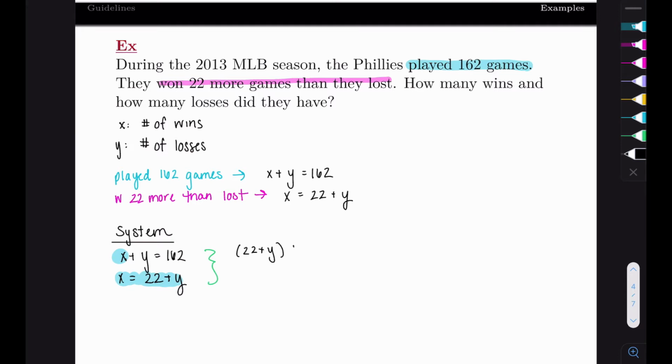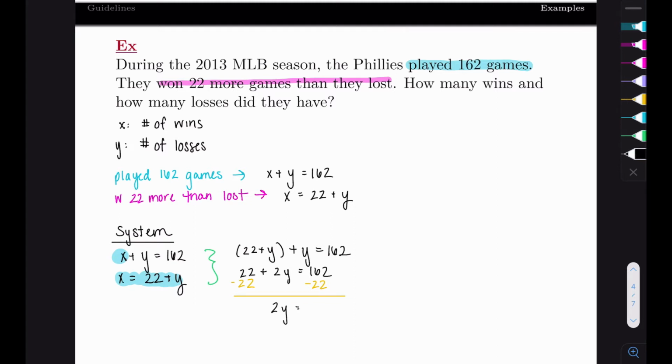Replacing that X by 22 plus Y must equal that total number of games that we played, which is the 162. Okay. So we've gotten rid of one variable. Now it's a matter of solving this equation. So we have Y plus Y, that's really 2Y. Go ahead and subtract the 22 from both sides.